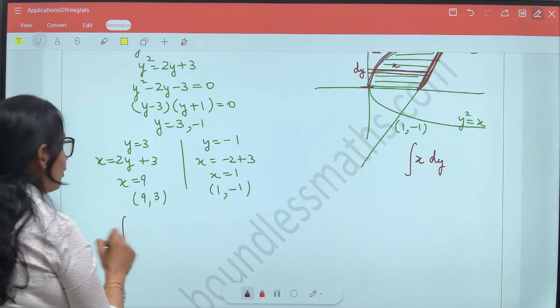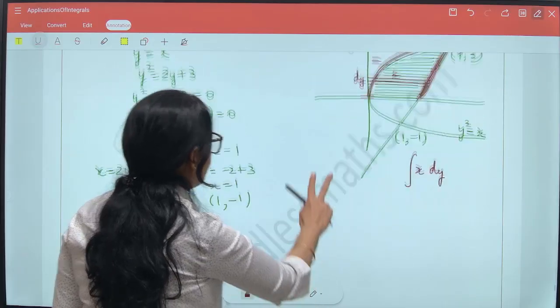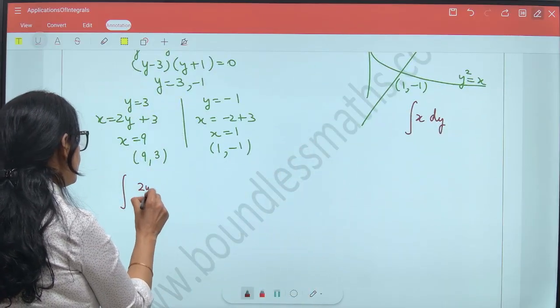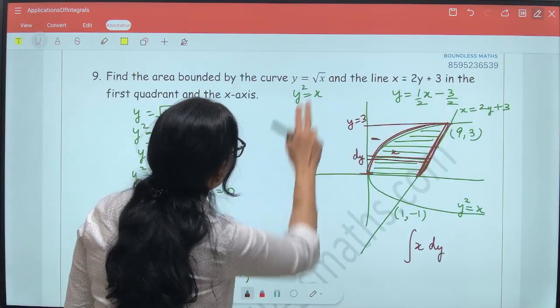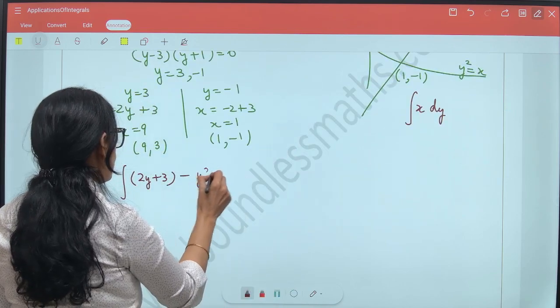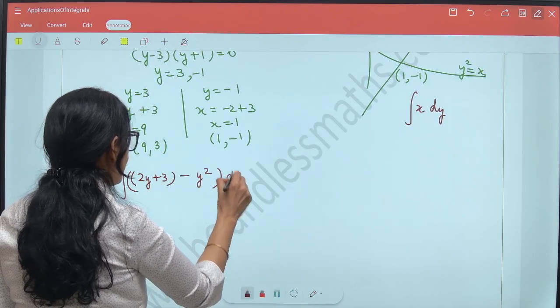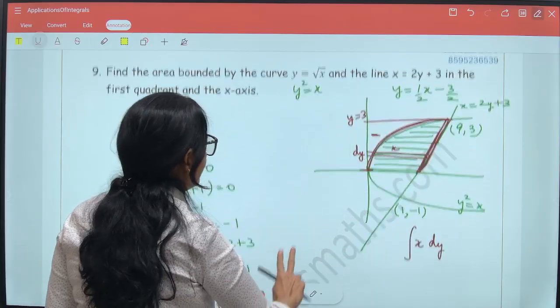So integral of first the straight line in terms of x. What is it? 2y plus 3. So it is going to be 2y plus 3 minus parabola in terms of x. It is y square. Integral of this whole thing with respect to y, and the limits for y are 0 and 3.